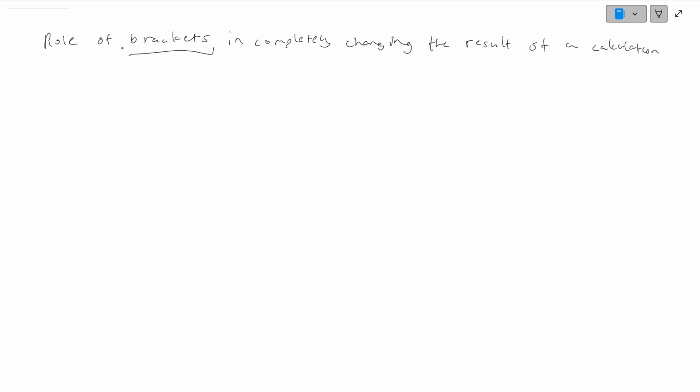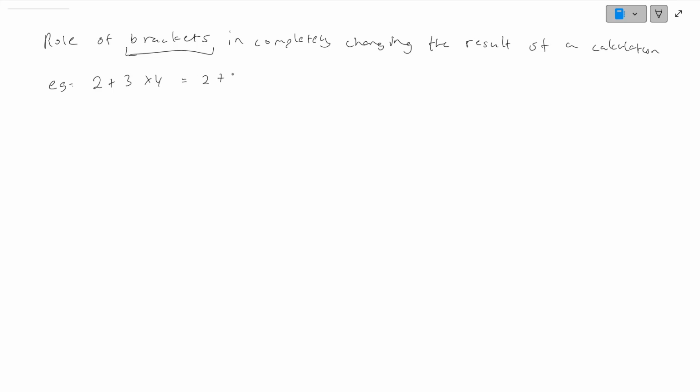Now let's look at the role of brackets in completely changing the result of a calculation. A bracket, because of its first in the priority list property, can change the result on its own. For example, if I have the expression 2 plus 3 times 4, we know that we will do the multiplication first, which gives us 3 times 4, which is 12.